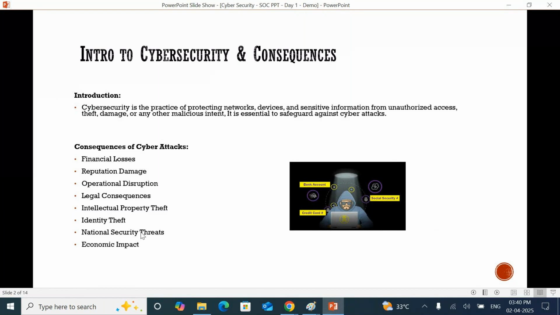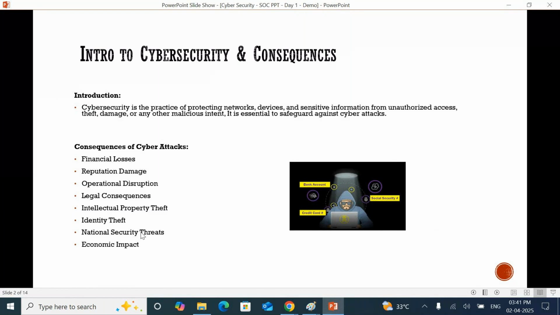For example, if any banking system got attacked, it will definitely cause economic imbalance. It will affect stock markets, and the entire world will look towards India saying the banking system was hacked. This type of rumor will come, and it will impact the economy.